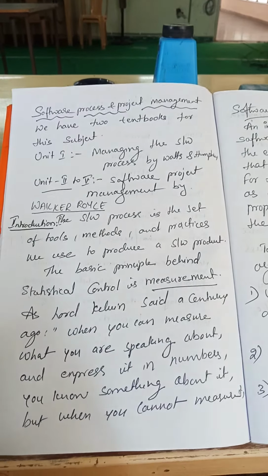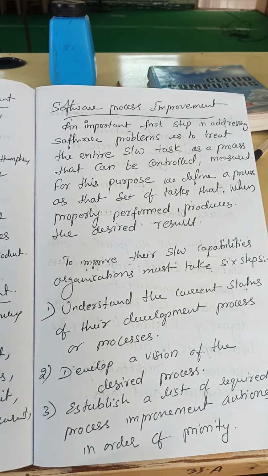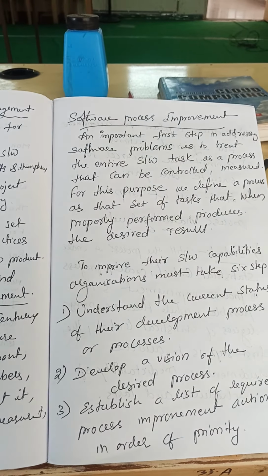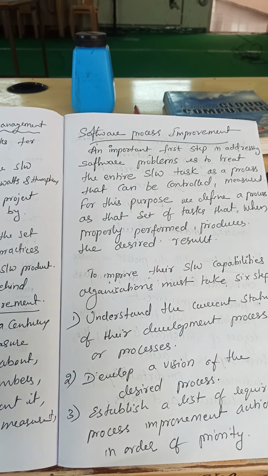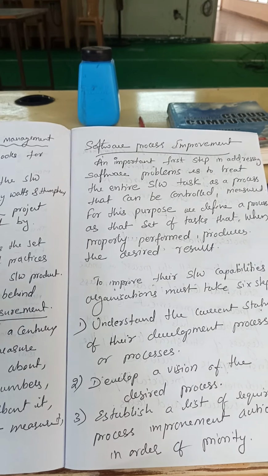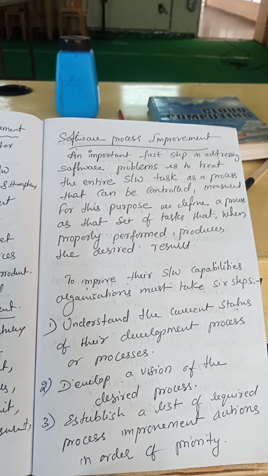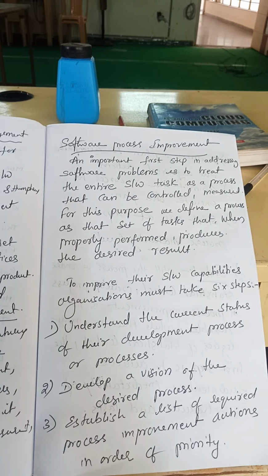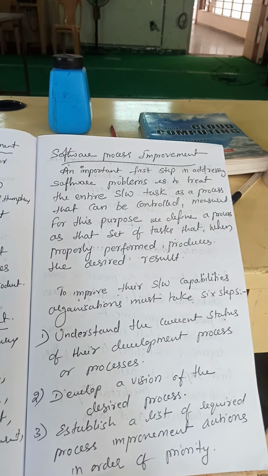For this we have software process improvement. An important first step is to treat the entire software task as a process. We have to see where we are getting problems or errors, and why our software is not successful in the market.